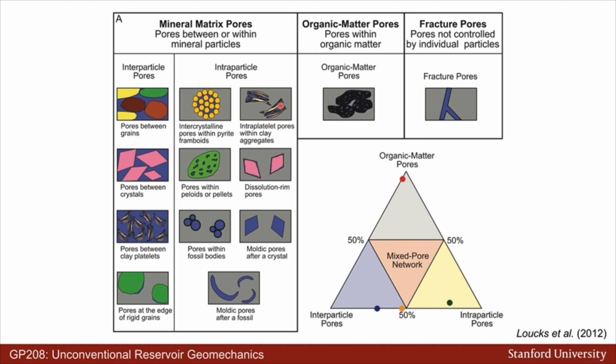We can have pores inside, for example, pyrite, or dissolution rims inside calcite or fossil bodies. So there's a range of these pores that can happen either between or within mineral particles. Then a whole other classification is actually pores within the organic matter. And this will be an extremely important source of porosity in these rocks.